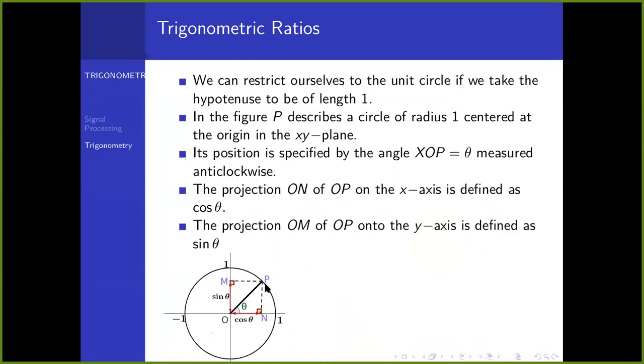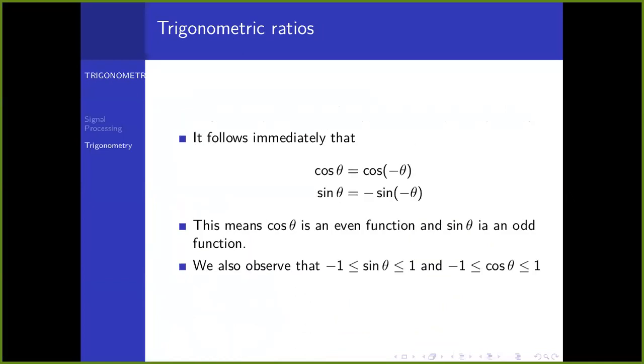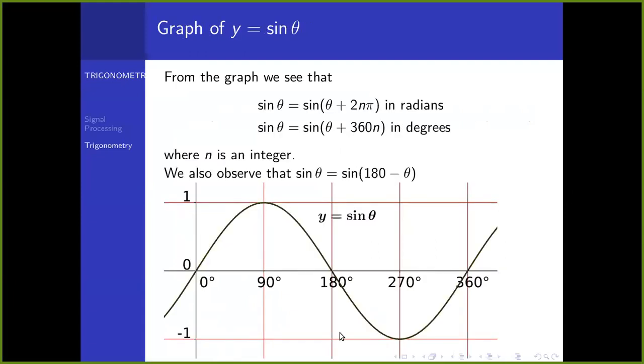That's why every 360 degrees, it goes around and comes back to where it started and keeps going round and round. So a key thing to note is that the sine of 0 is actually 0. And it will be 0 again at 180 degrees and also at 360 degrees. Those are the points where it cuts the x-axis. And then this repeats every 360 degrees.